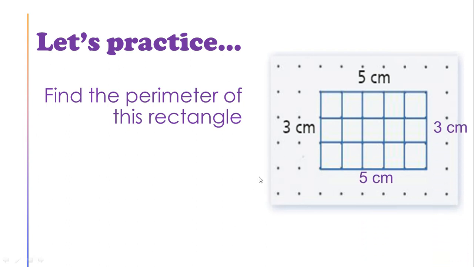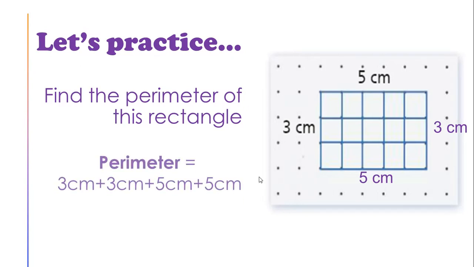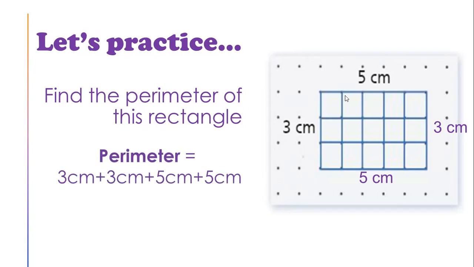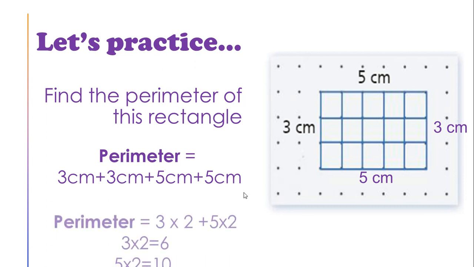Now that I know that, I can add all of the sides. I can say 5 plus 3 plus 5 plus 3, or I can say 5 plus 5 and 3 plus 3, okay? Or 3 plus 3 and 5 plus 5. It doesn't matter how you order it. But if you add all the sides, you're going to find the perimeter.